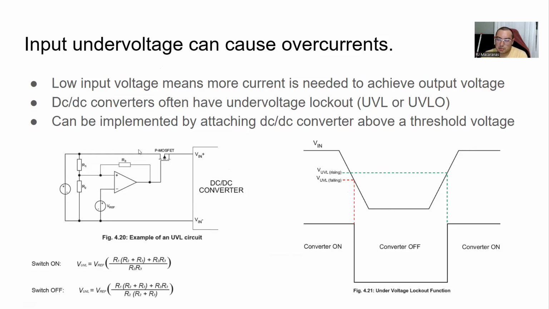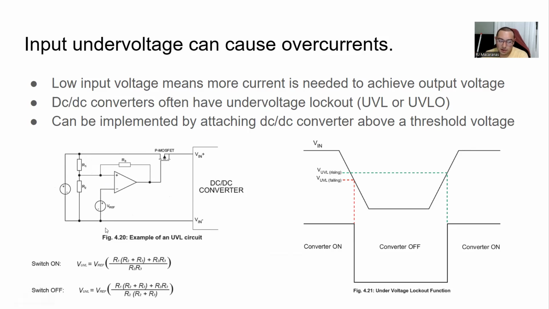This is usually implemented within the controller ICs, but if you wanted to add this functionality to your actual circuit, the book gives an example of how to do this just with a voltage divider network, tapping off the input voltage, and then generating error from some kind of reference voltage in order to switch on a transistor, which will then effectively load the DC to DC converter.